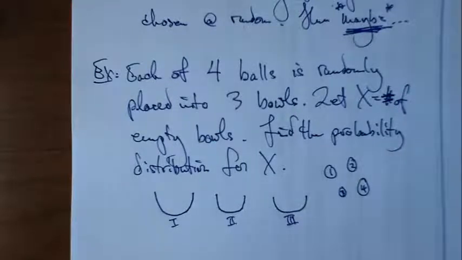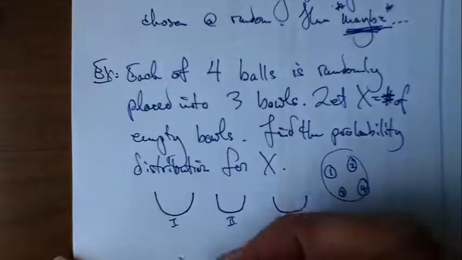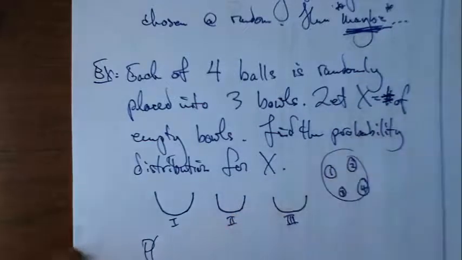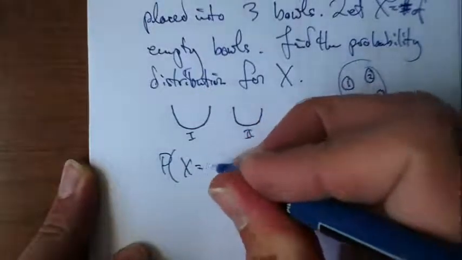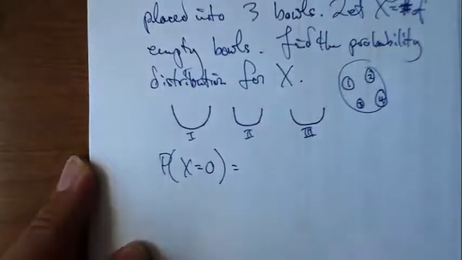So let's let X denote the number of empty bowls after we do this. We've got 4 balls, and we're going to drop them all in here. Maybe I'll help you get the first one. What's the probability that X equals 0? What's the probability that there are no empty bowls?